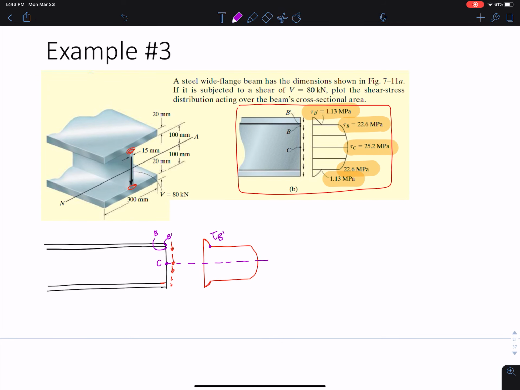So this is going to be the B prime, and then this point here where it kind of shoots up, this is going to be tau at B. And then here we have some tau value at C, and since this is symmetric, we don't really need to calculate those two. They're going to be equal to what we get.